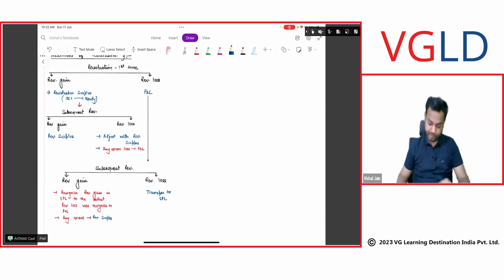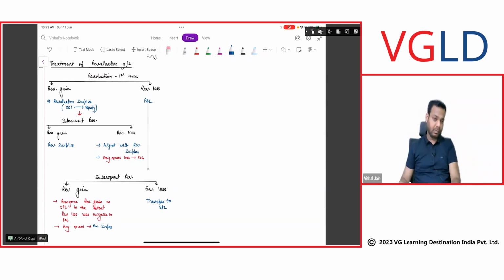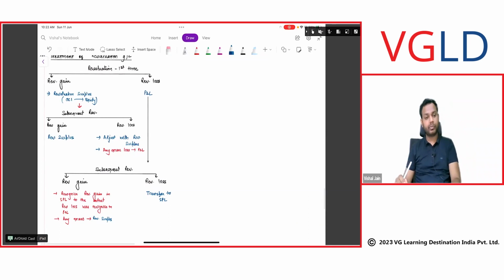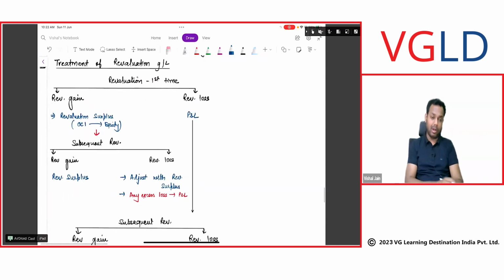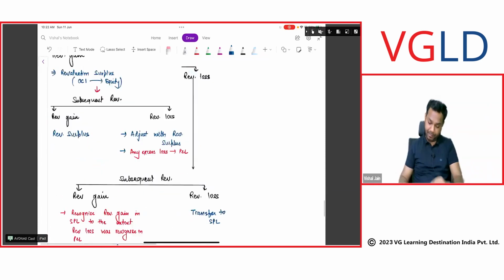Wonderful. What about others? So this is the treatment of revaluation gain or loss. Now, point number 5.